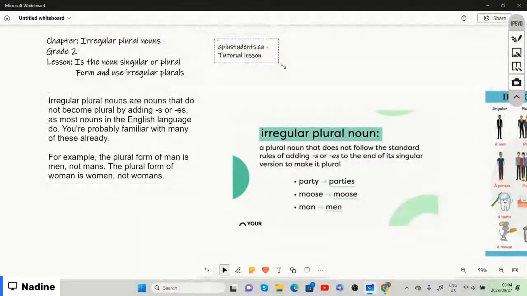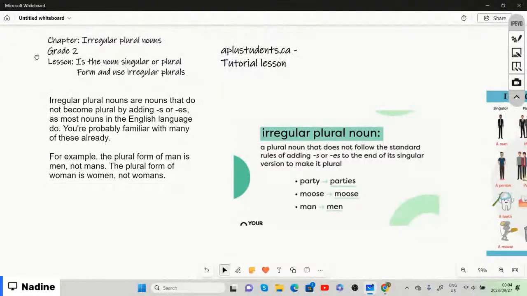Our chapter is irregular plural nouns, grade 2, and those are our focus lessons for today.